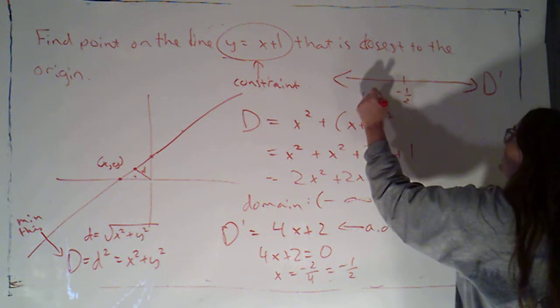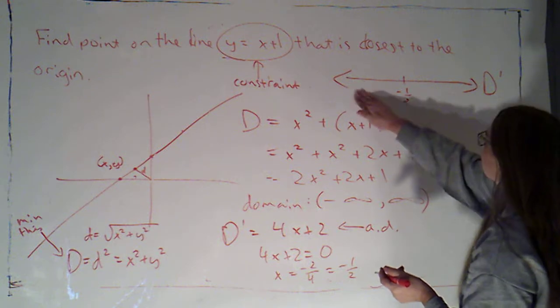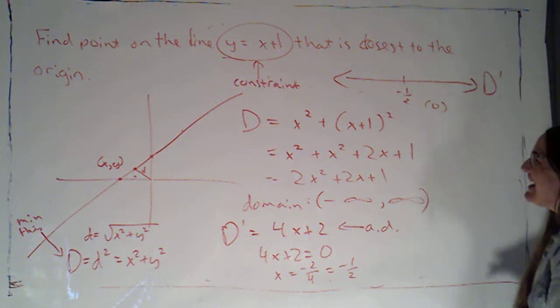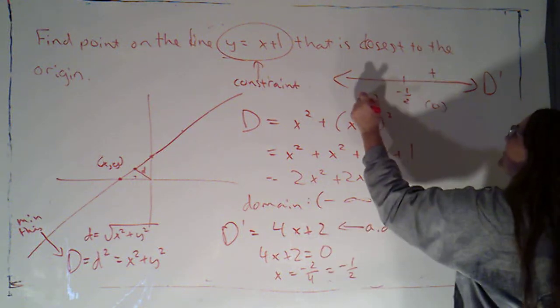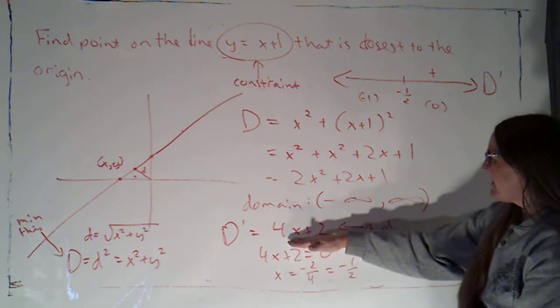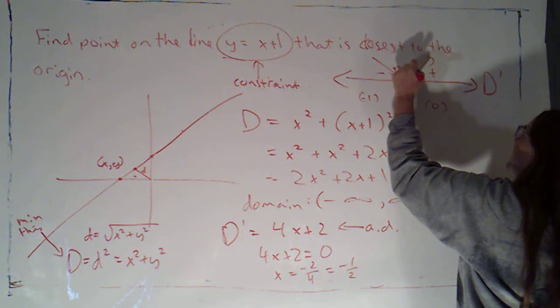If I plug in 0, which is to the right of negative 1/2, my derivative is going to be positive. If I plug in negative 1, which would be to the left of my critical number, that's going to make my derivative negative, so I have a min.